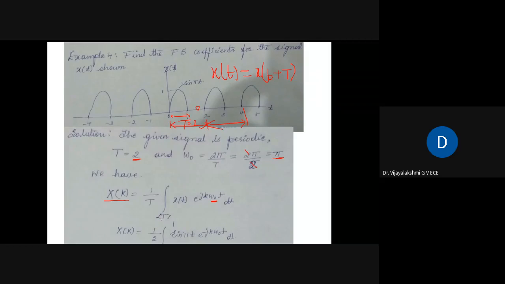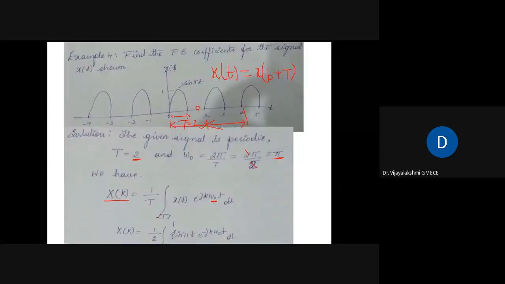Now, how will I integrate this? It's very simple. If I consider sin pi t in the exponential form, sin theta is e raised to j theta minus e raised to minus j theta divided by 2j. So in place of theta, I have pi t here. Even if I replace sin pi t in the exponential form, the computation will be simpler.